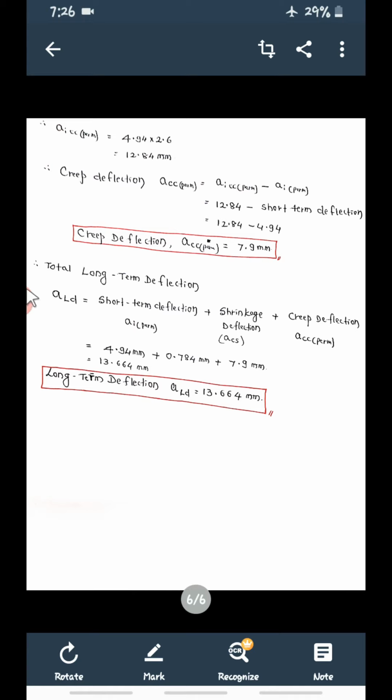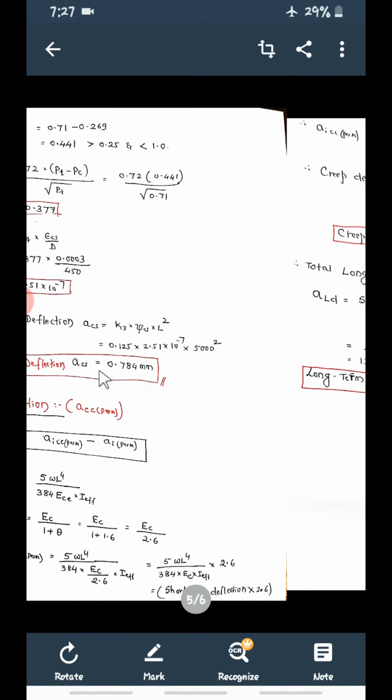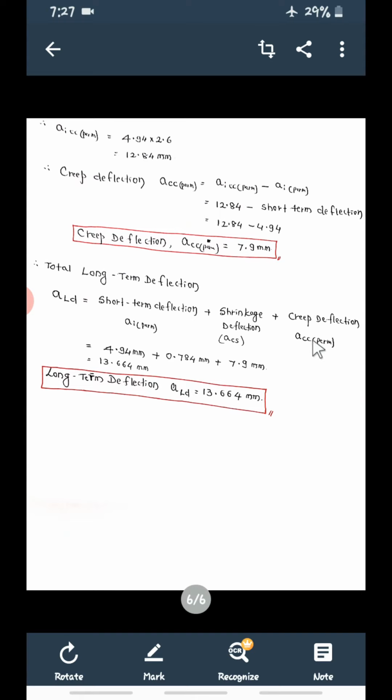Finally, add all the three, that is the total long term deflection. Long term deflection ΔLD is equal to the short term deflection we first calculated, plus shrinkage deflection, plus creep deflection. Short term deflection is 4.94 mm, shrinkage deflection is 0.784 mm, plus creep deflection 7.9 mm.